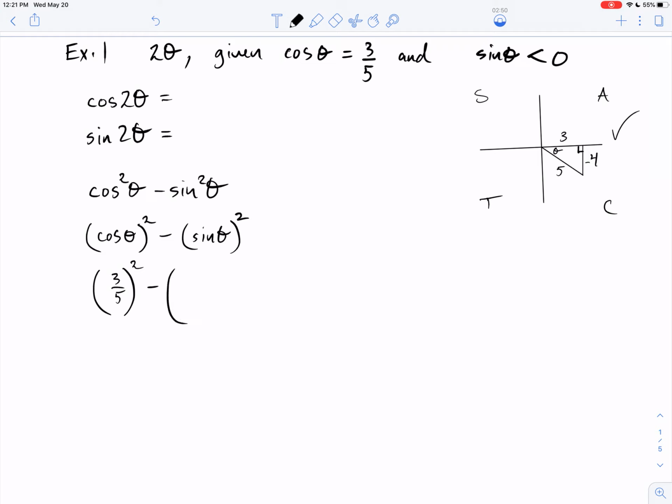Minus the sine of theta, but where am I going to get the sine of theta? From my reference triangle, and I'm going to say the sine of that would be -4/5, because SOHCAHTOA. Everything we do in trig is based on something we already know. Now, this is just computational.